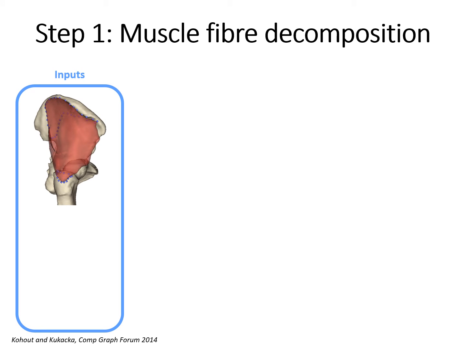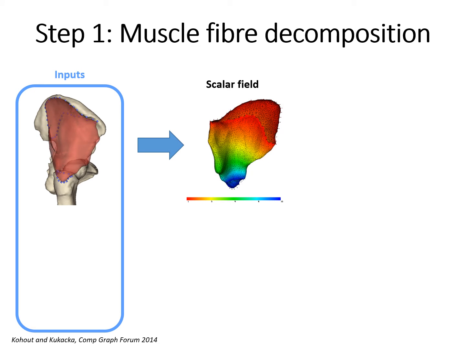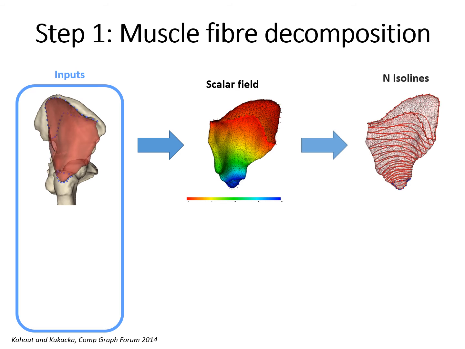The method we developed consists of two steps. The first one is a fiber decomposition step, where starting from a muscle triangulated surface model and from its muscle attachments on the origin and insertion bones, we obtain a desired number of muscle fibers. This step starts by defining a scalar field on the muscle surface, from which the attachment sites have been removed, and then using it to define as many isolines as the desired straight line segments on the muscle fibers plus one.